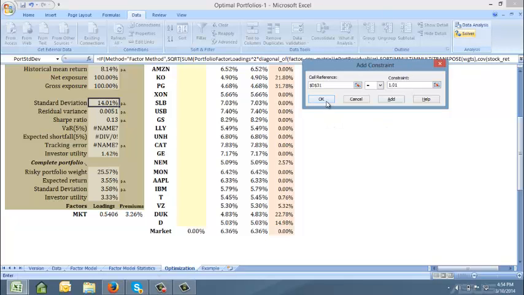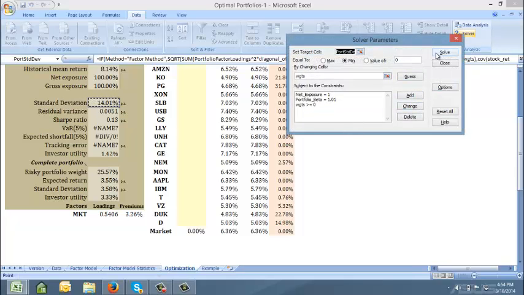Alright. We're going to hit OK. Let solver do its thing.